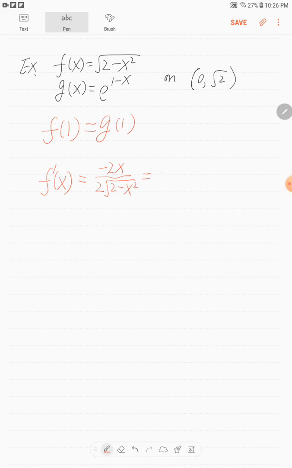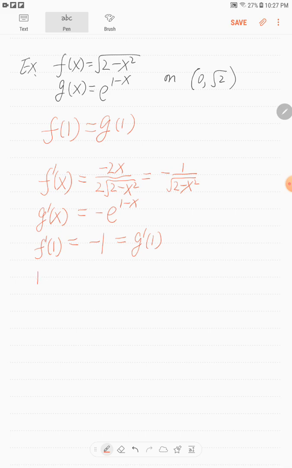So it's equal to negative x over square root of 2 minus x squared. g prime is equal to negative e to the 1 minus x, right? So if you plug in 1 again, f prime of 1 is equal to negative 1, which is also equal to g prime of 1.